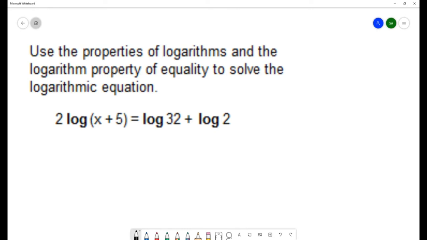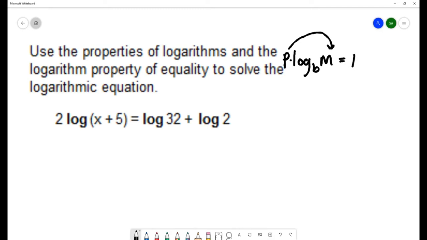The power rule for logarithms is when you have, let's say, a p multiplied by log base b of m. If you have a number that's multiplied on the log, you're allowed to move that coefficient into the exponent.